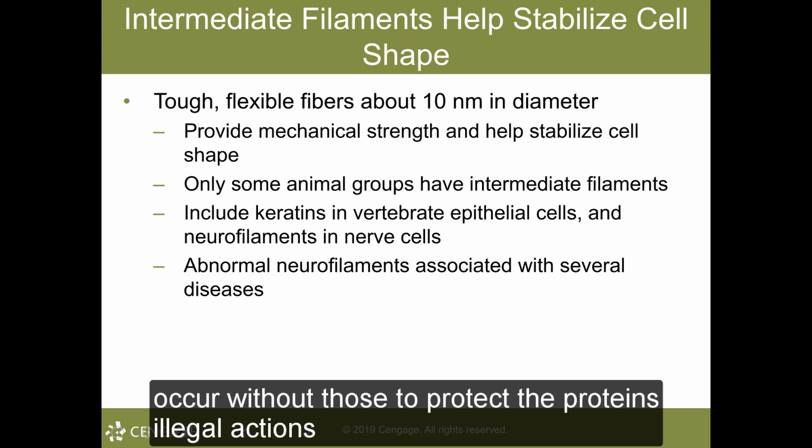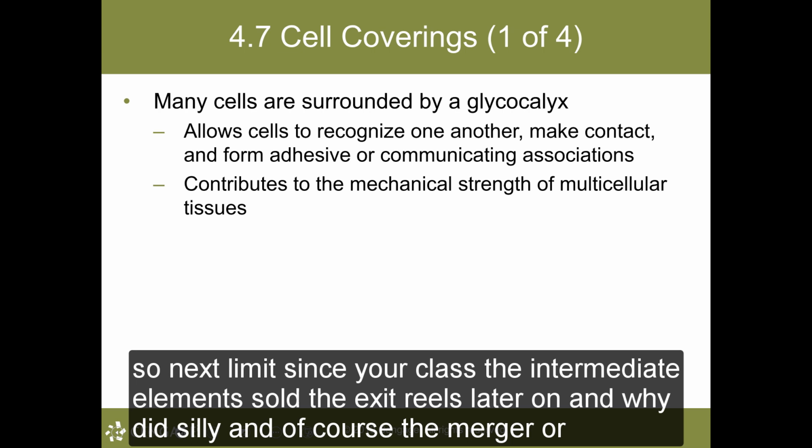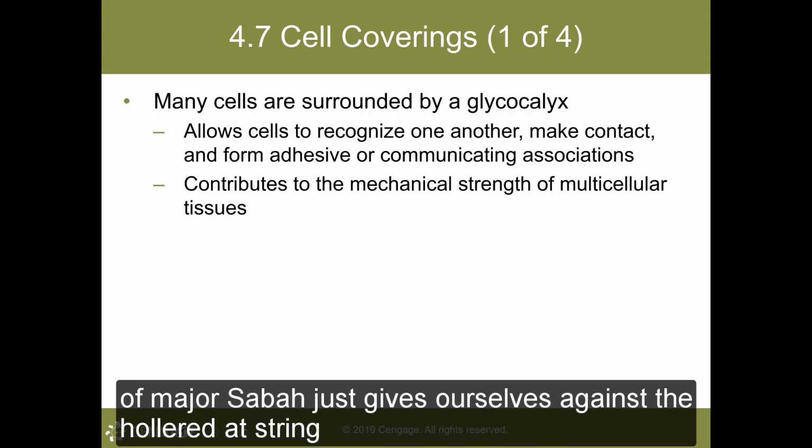Next, it mentions here, class, the intermediate filaments. We'll get to centrioles later on, and we've already done cilia and of course the flagella. So for the cell coverings, this mentions the glycocalyx. And I'm kind of getting to that extracellular matrix and what gives our cells that covering and its strength.